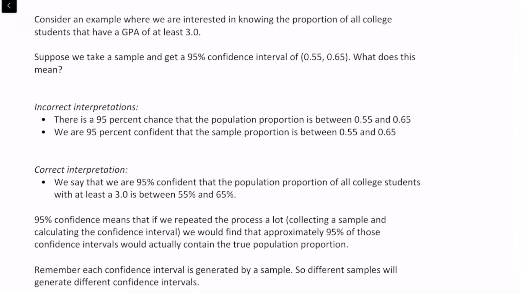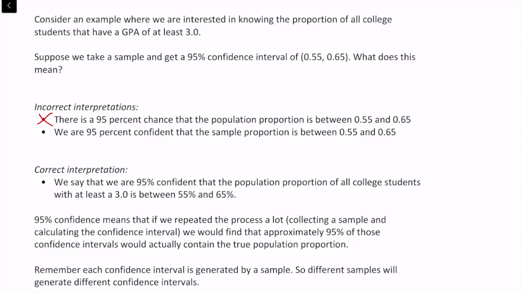That is incorrect. Okay? That's not what a confidence interval is measuring. And I'll tell you what it is in just a second, okay? The reason why this is incorrect is because either the population proportion is in between that interval or it's not.